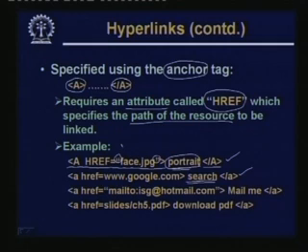The third example, here we are not providing a link to a document, rather we are providing a URL which starts with mailto. Now, recall we had mentioned earlier when we were talking about URL that if it is a mailto URL, then whatever you are specifying after that will be treated as an email address, and automatically a mail window will open on your machine, provided mail is installed on your machine.